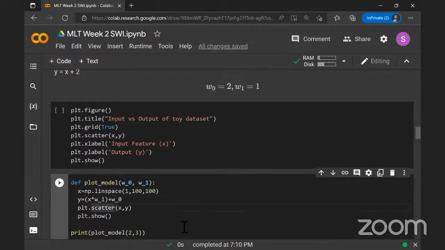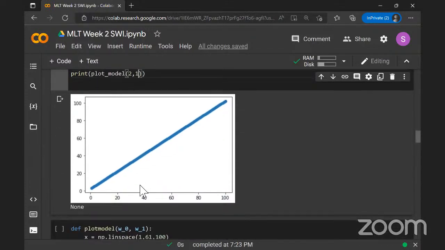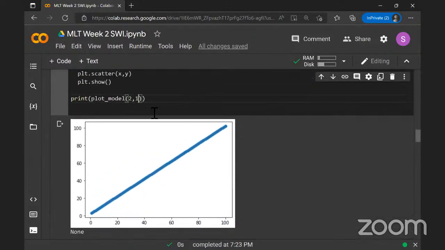Plot is scatter plot x comma y and show. Great, I think this should work. So now W0 is 2, W1 is 1. Let's see how our plot looks like. Fantastic, this is how it looks like. It has a slope of 1, so no surprise that this is a 45 degree inclined line. So this looks good.